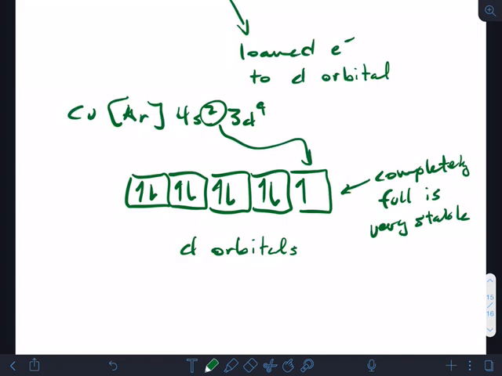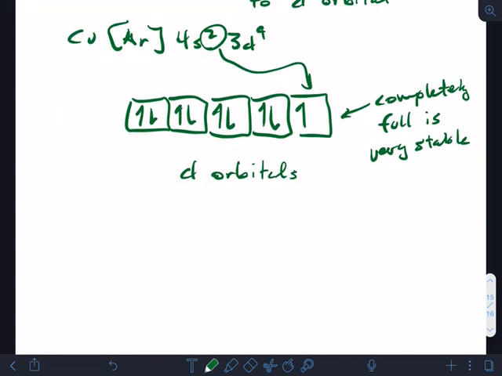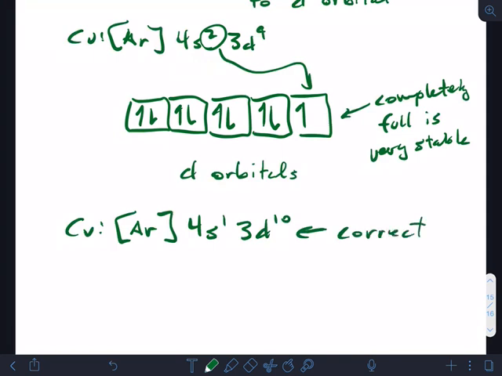Okay, so it does the same thing. Okay, so copper has the correct electron configuration 4s1, 3d10. Okay, the same thing happens with molybdenum because it's at a d4, and the same thing happens with silver because it's at d9. Okay.